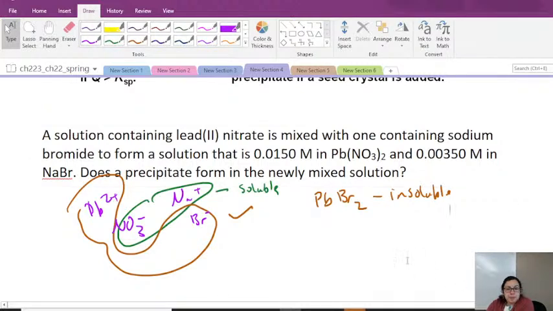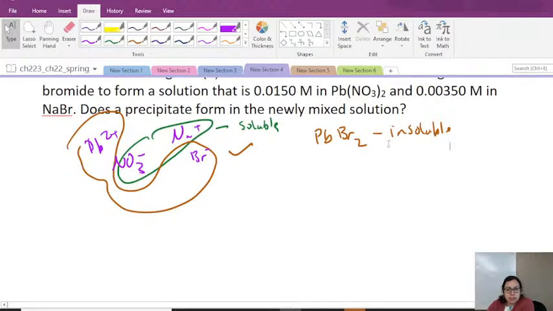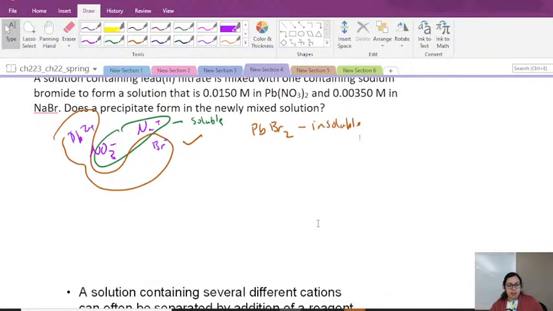And so now we can at least start putting some numbers to this and also doing our RICE table and going through our analysis. So now that we know what the insoluble portion is, we can write out our reaction. And so that's just lead bromide.